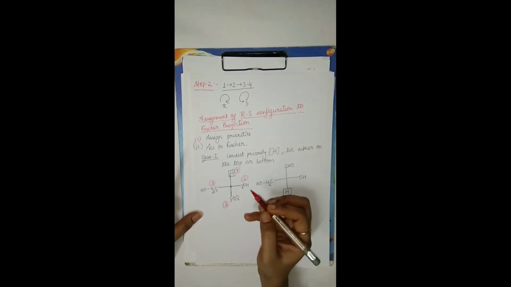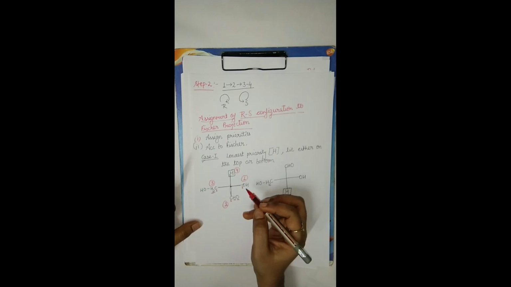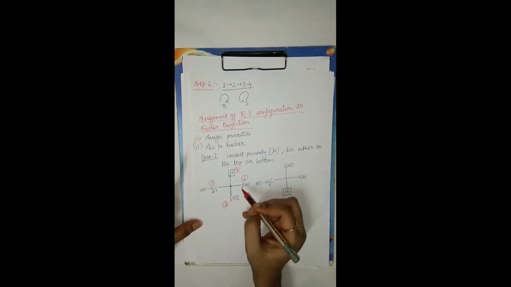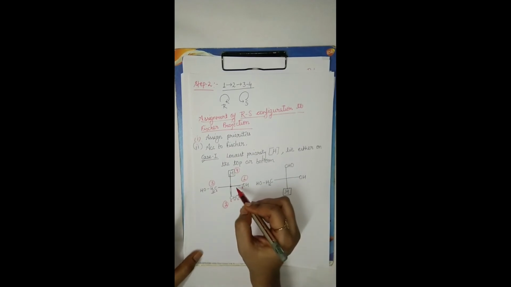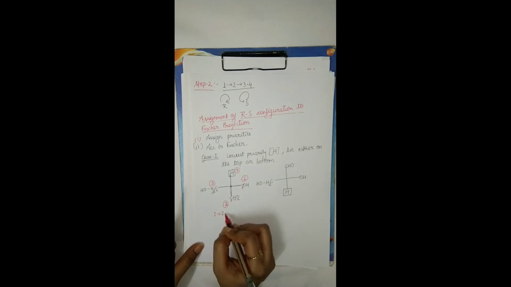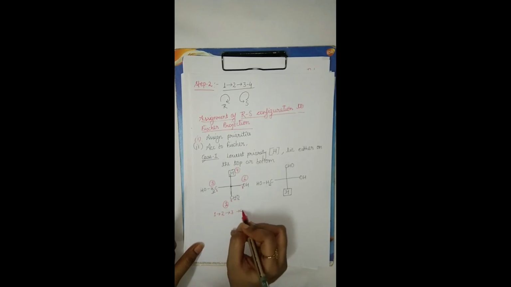And move your eye. First step, second step, and what is the third step? Third step is to move your eye either clockwise or anti-clockwise, always 1 to 2, 2 to 3, and 3 to 4.